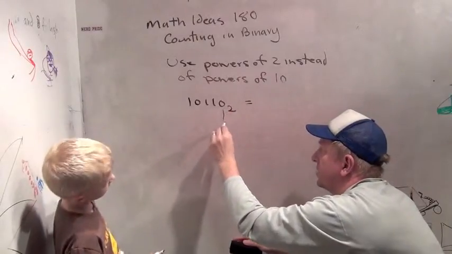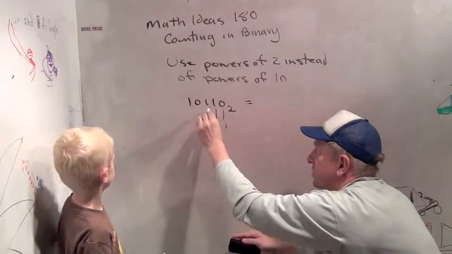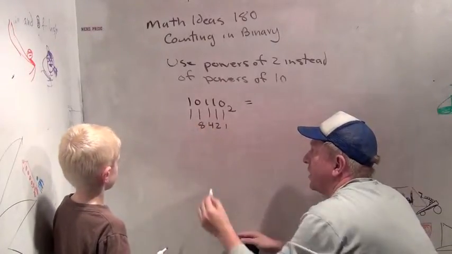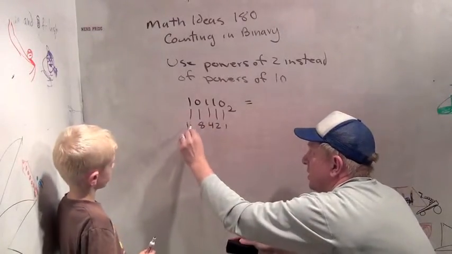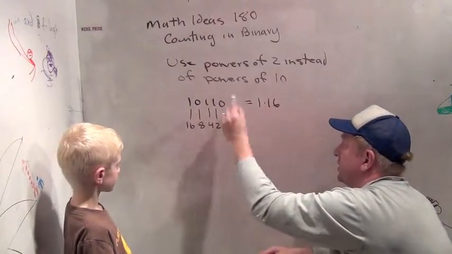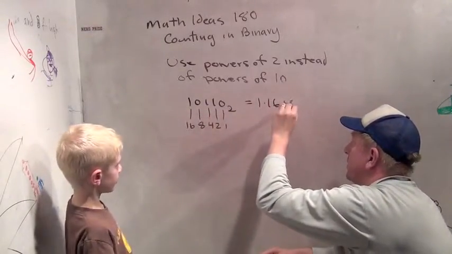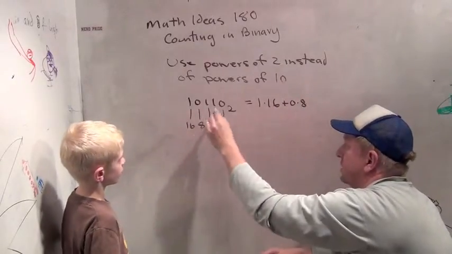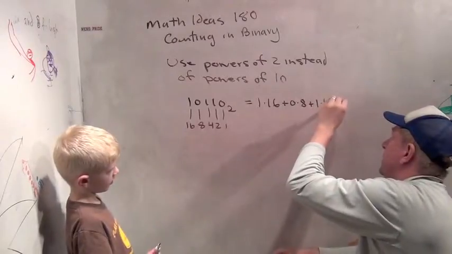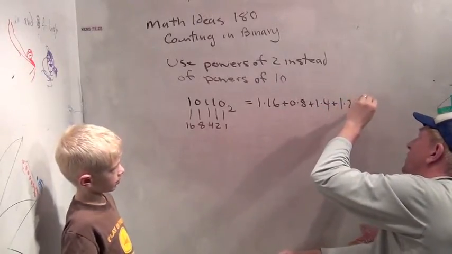Okay, so this is the ones digit, the twos digit, the fours digit, the eights digit, and what? The 16 digit. Okay, so this number is 1 times 16, 0 times 8, 1 times 4, 1 times 2 and 0 times 1.